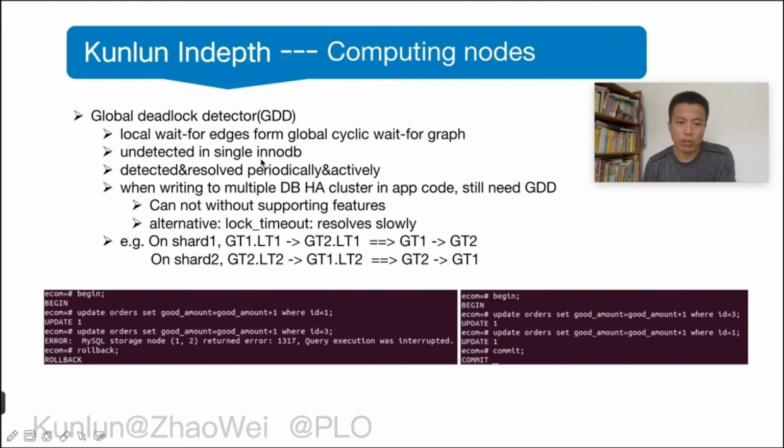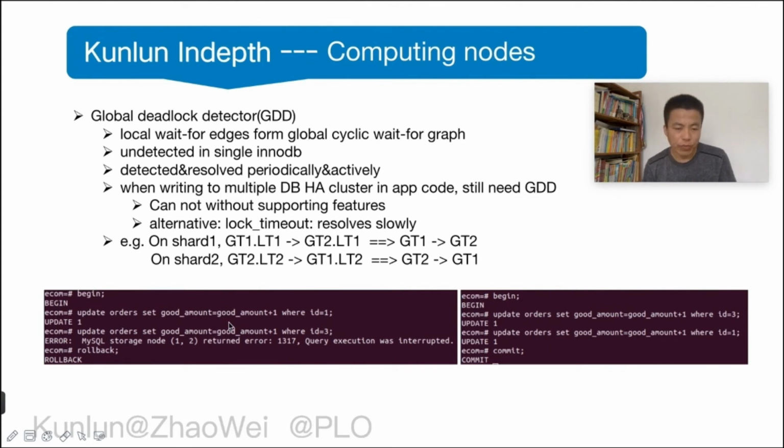So global deadlocks can only be detected and resolved in computing nodes. Computing nodes do so periodically, or when a statement waits for its results from the storage engine for a little while, and it will ask the computing node background process to do this global deadlock detection.